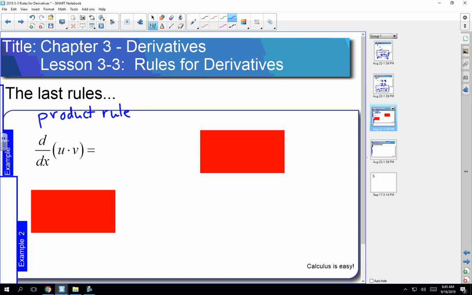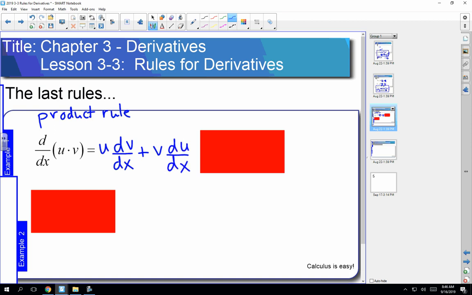But what it says here is d dx of uv is equal to u dv dx. There's different ways to think about this and memorize it. You take the first function, u, you don't do anything with it, but you do multiply it by the derivative of the second function, so dv dx. And then it's plus, and then the second part is you take the second function, which is v, and you just write it down, and then it's times the derivative of the first function.